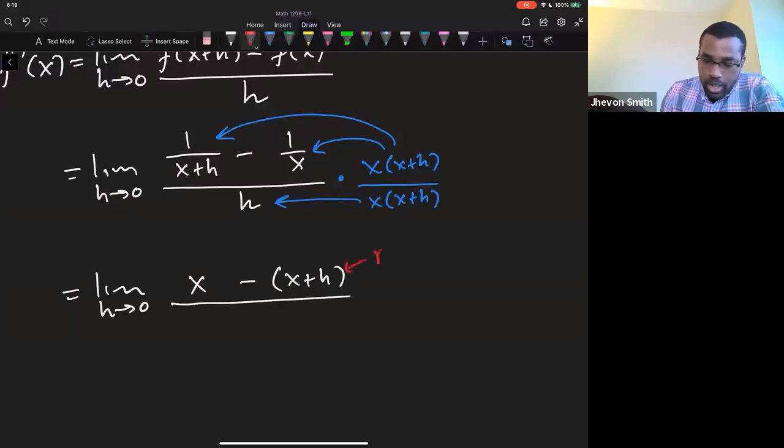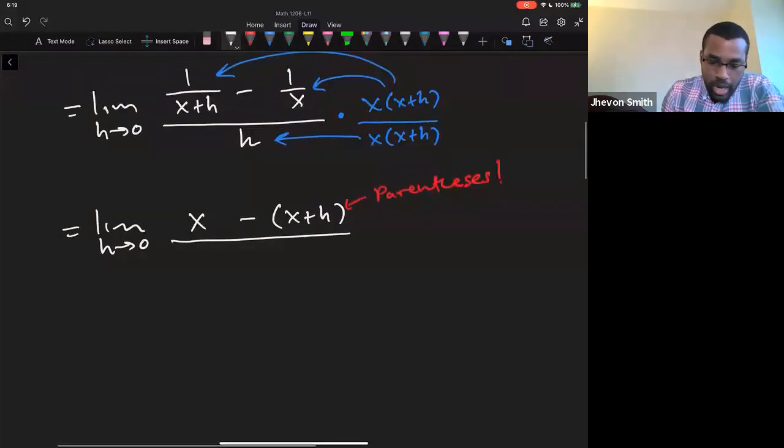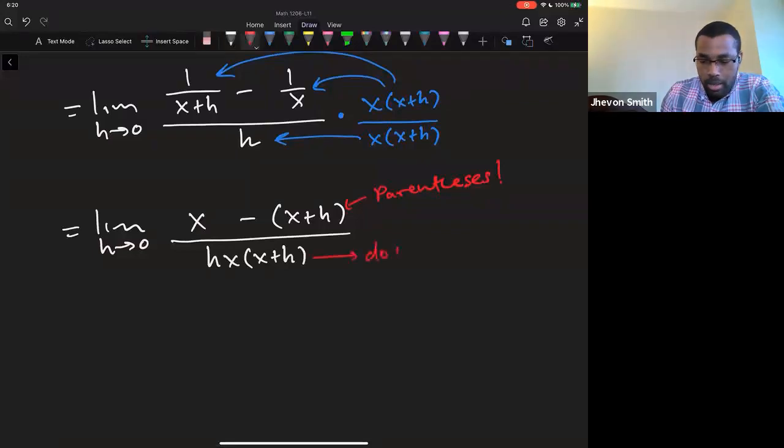Rookie mistake is to forget the parentheses. It'll happen a lot, so don't forget them. In the denominator, we would have h x times x plus h. Again, I will remind you, do not expand the denominator.